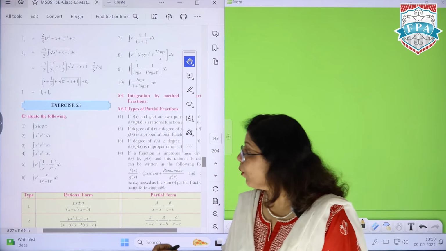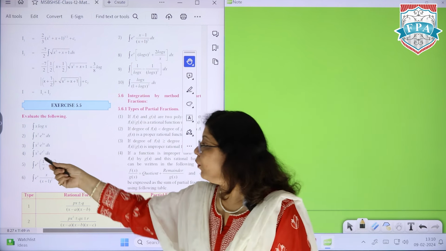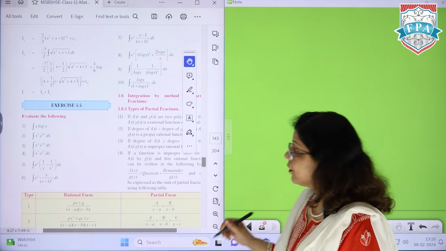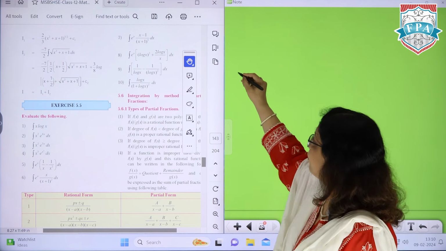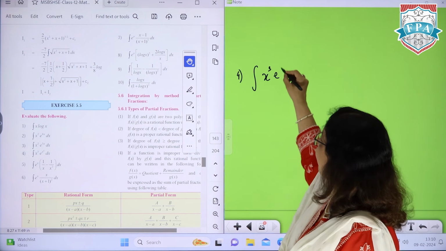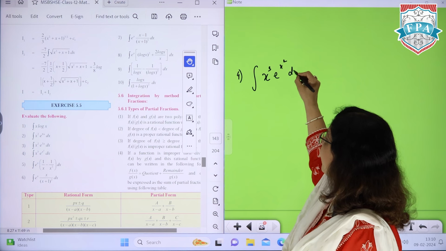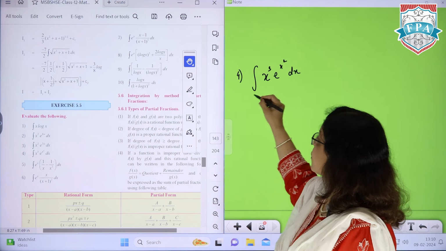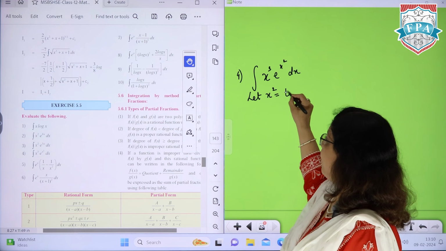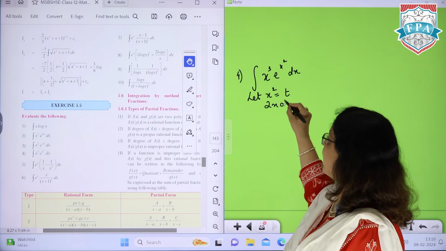We can also see one question over here where we are not only applying UV but also substitution. So that is question number 4. In this, it's x cube e to the power x square dx. So x square को हम लोग ले रहे हैं, let x square is equal to t. So 2x dx is dt.